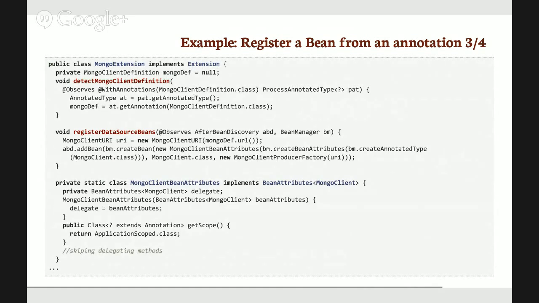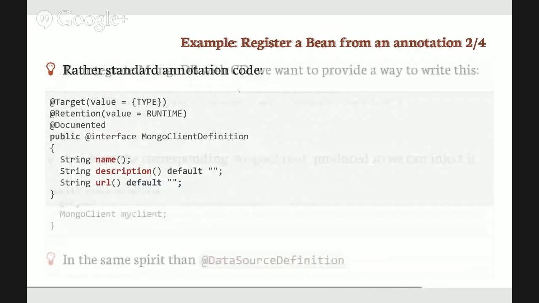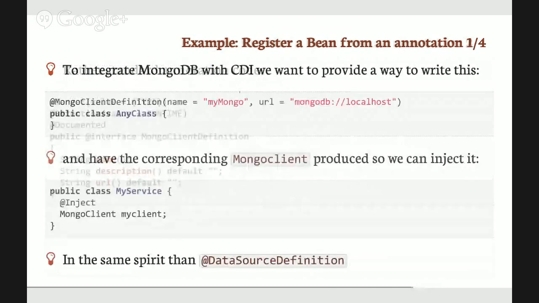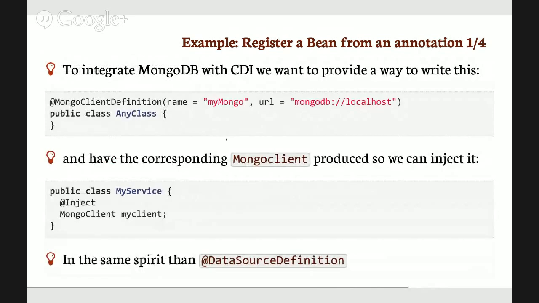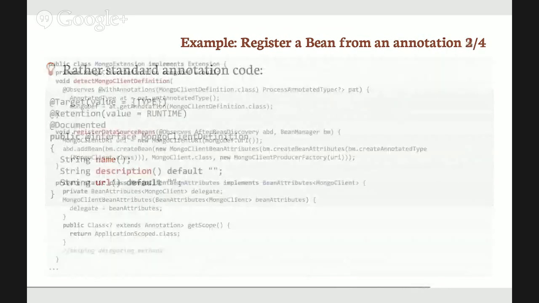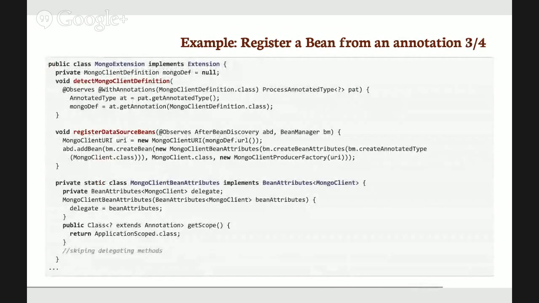So in my sample, it will catch any class annotated type, and on the annotated type, we can catch the MongoClientDefinition annotation, capture it and keep the information in this annotation.